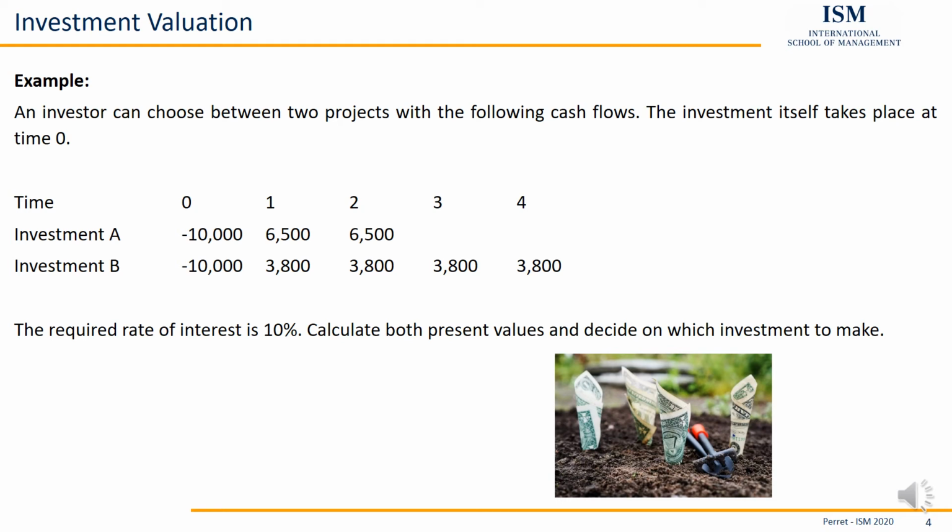With investment B, I also have to spend 10,000 and I will get back for 4 years, by the end of each year, 3,800. So first I have to discount this value once, this value twice, this value 3 times, this value 4 times.